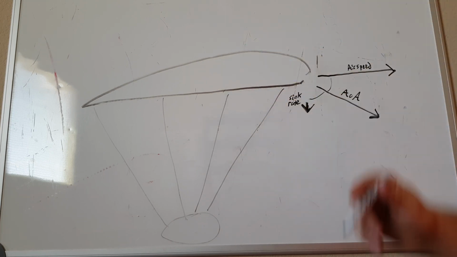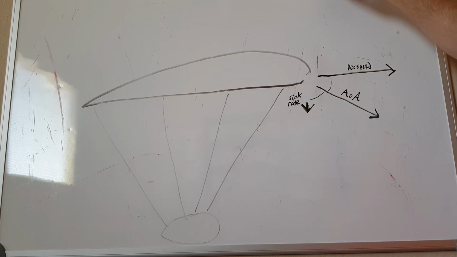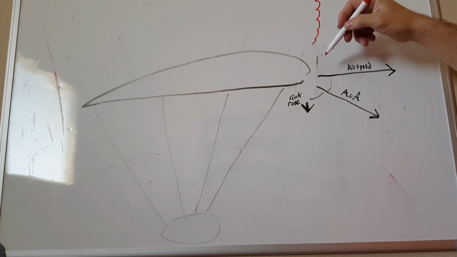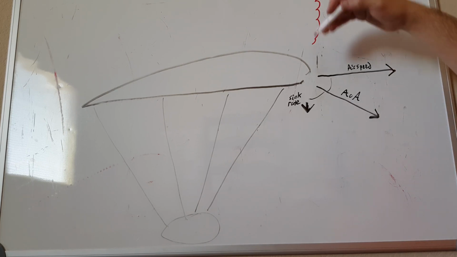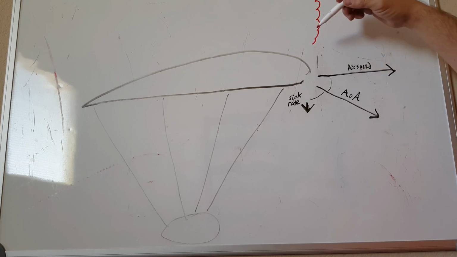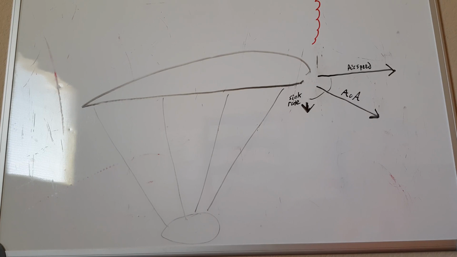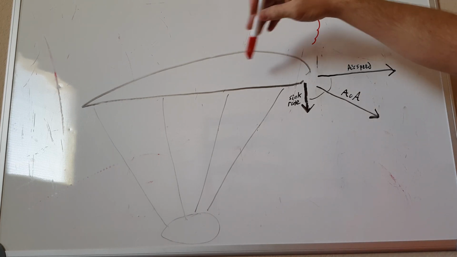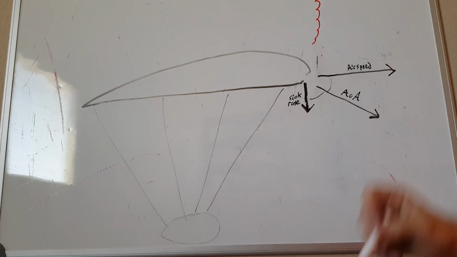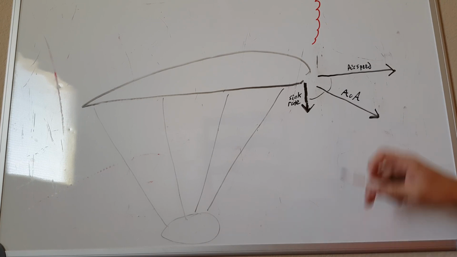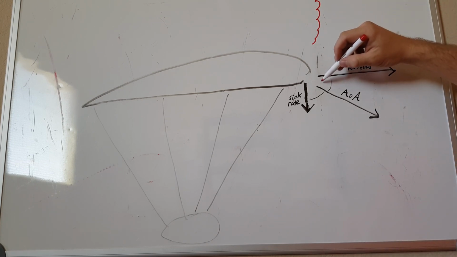Here's some turbulent sink coming down on our wing. As we fly through it, it moves our angle of attack to a shallower angle because we've flown into sinking air that's coming down.